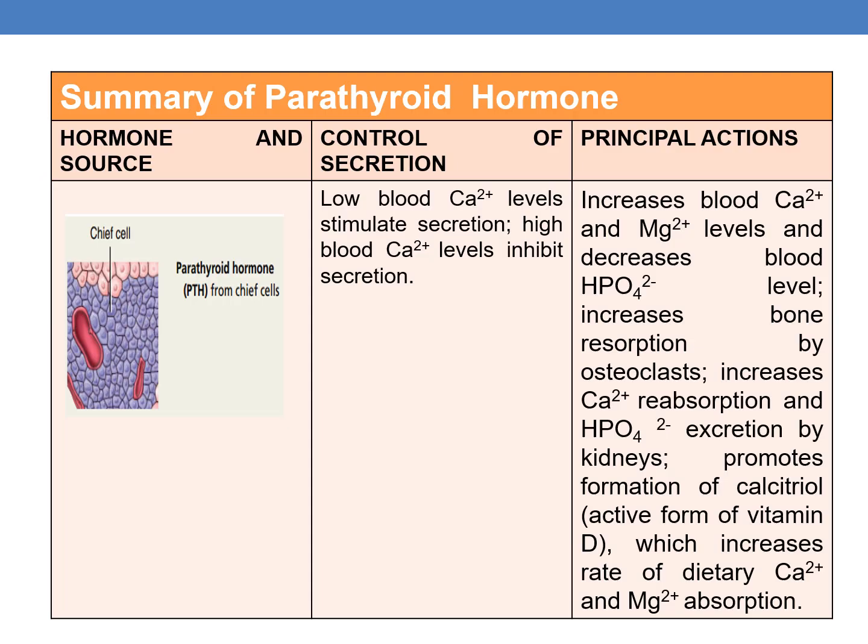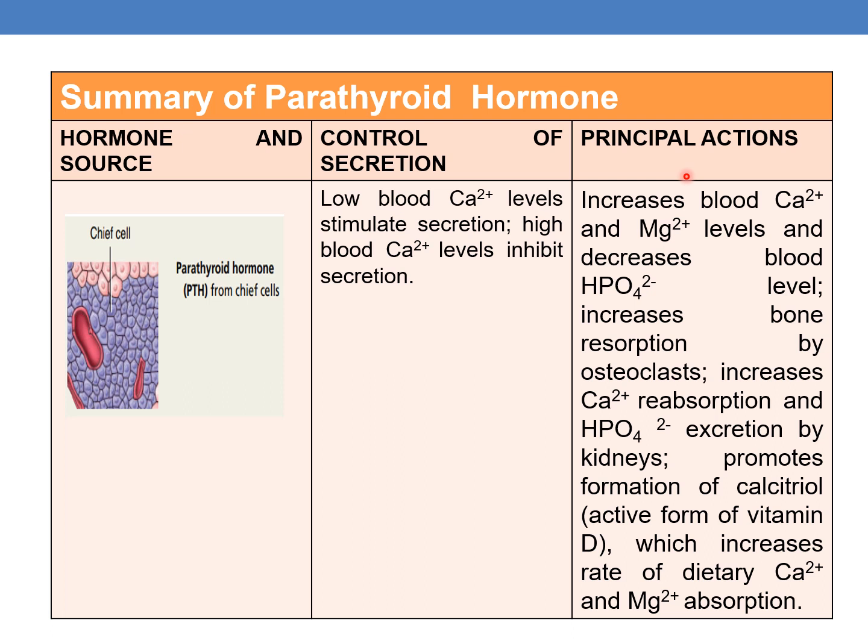Now coming to the summary of parathyroid hormone. Parathyroid hormone is secreted from the chief cells of the parathyroid gland. These are the chief cells. They secrete parathyroid hormone. Low blood calcium levels stimulate the secretion, and high blood calcium levels inhibit the secretion of parathyroid hormone.